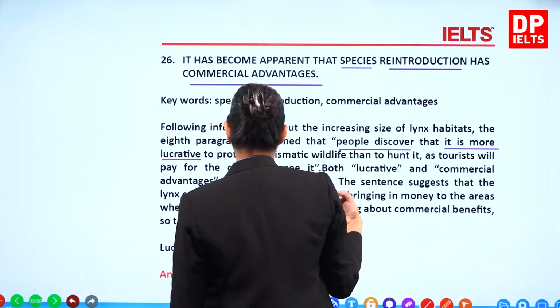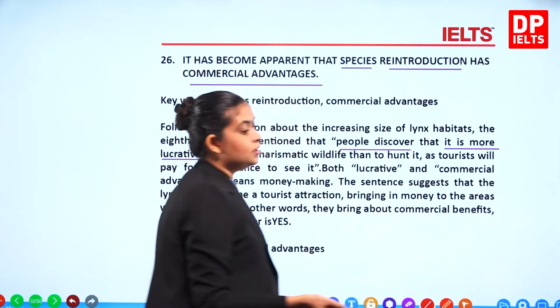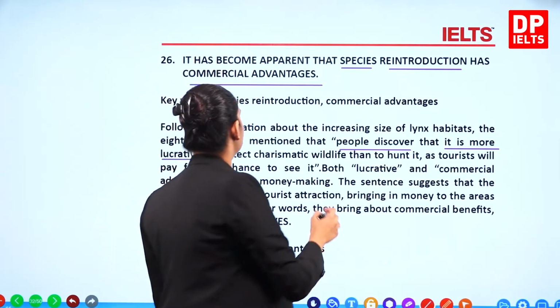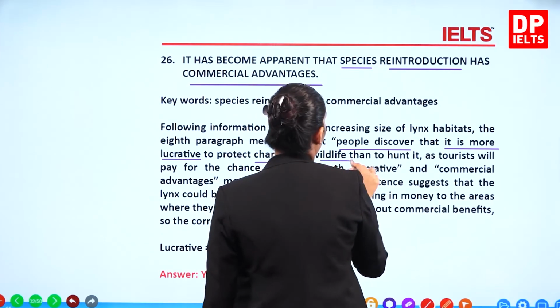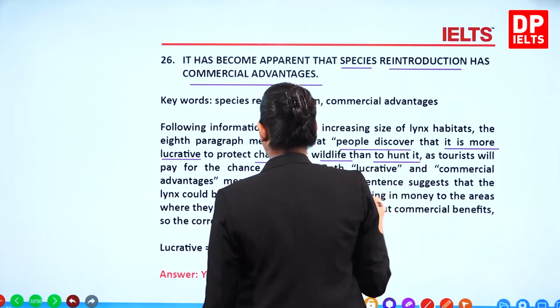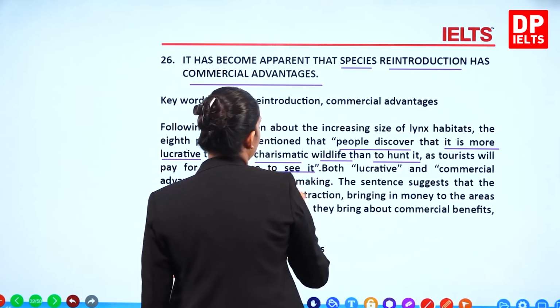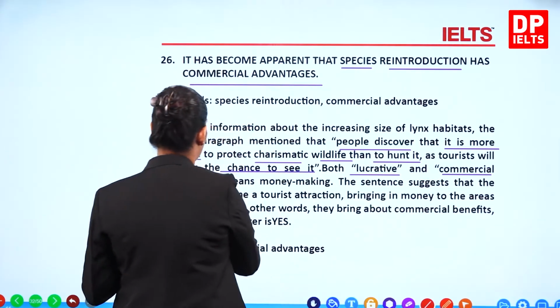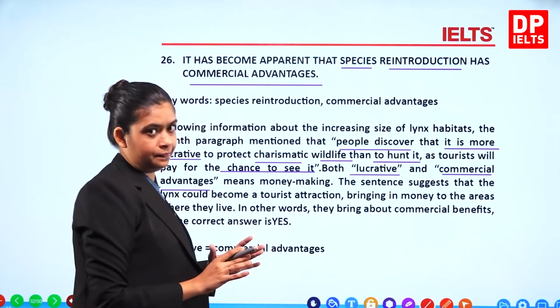Lucrative means it's very attractive. There's a commercial value for it, okay, to protect charismatic wildlife than to hunt it, as tourists will pay for the chance to see it. Both lucrative and commercial advantages mean money making.